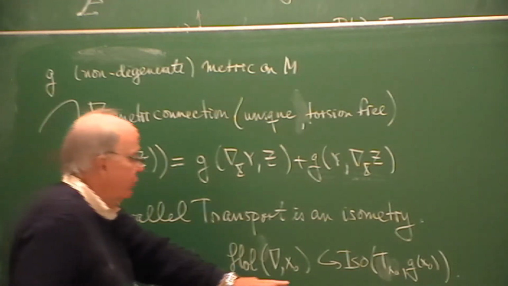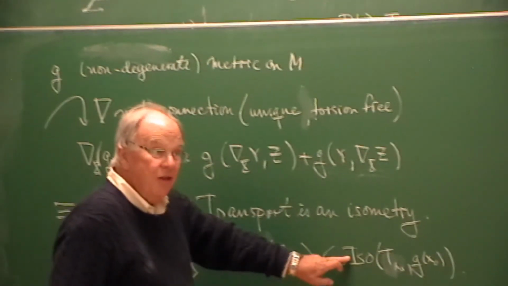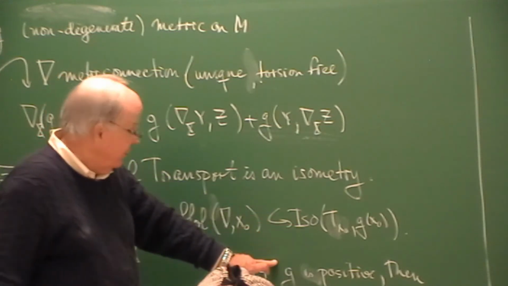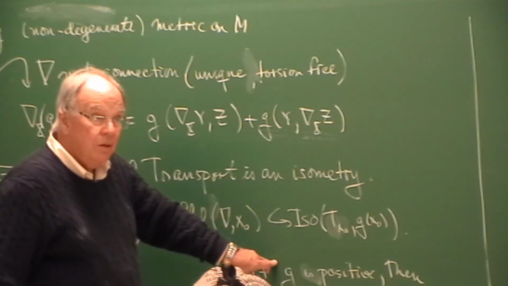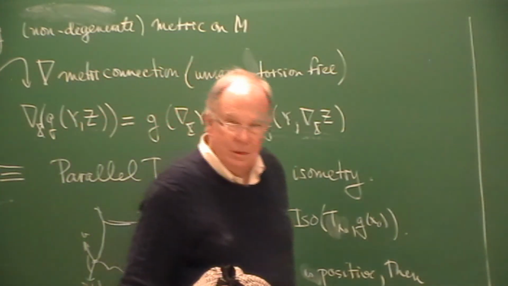That means it's in the isometry group. That means this Lie group is even smaller than the whole thing. You understand? In the case of positive definite, this is some orthogonal group. Do you understand an orthogonal group is a compact group?